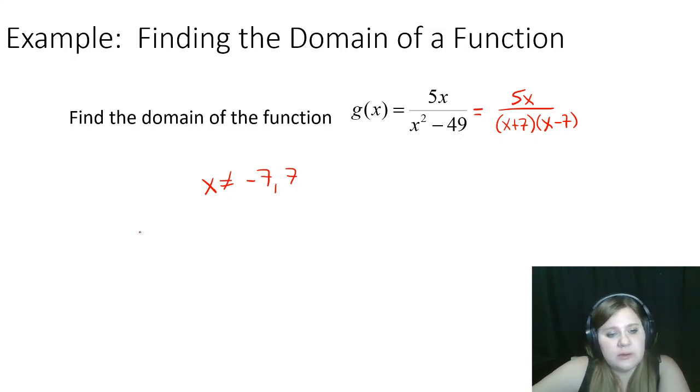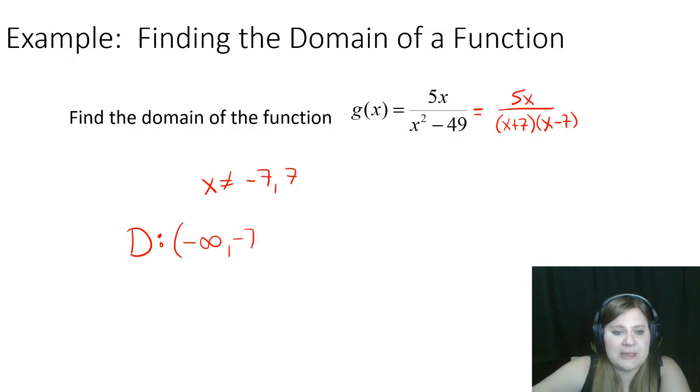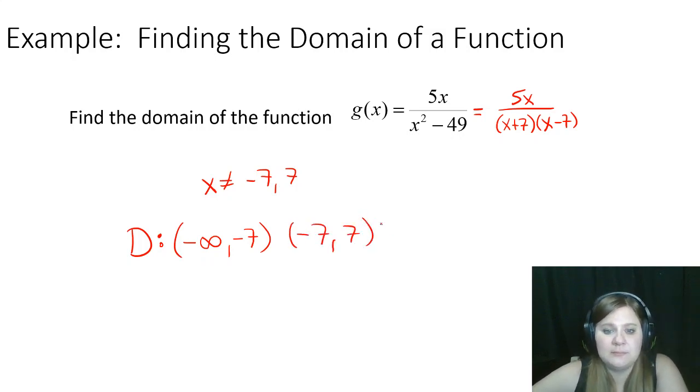Okay, so if I ask for the domain in interval notation, it's going to be negative infinity to negative 7, so everything up to negative 7, everything between negative 7 and 7, and everything after 7. So not negative 7 and not positive 7.